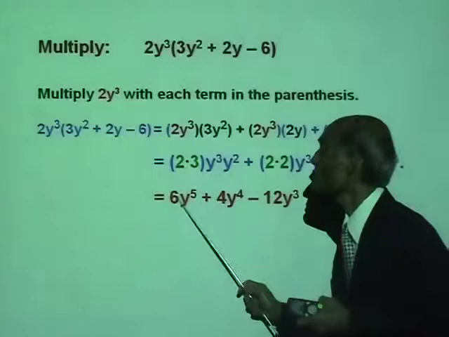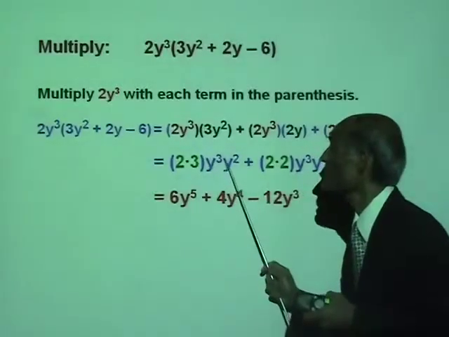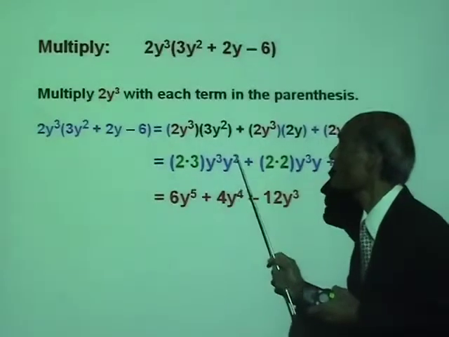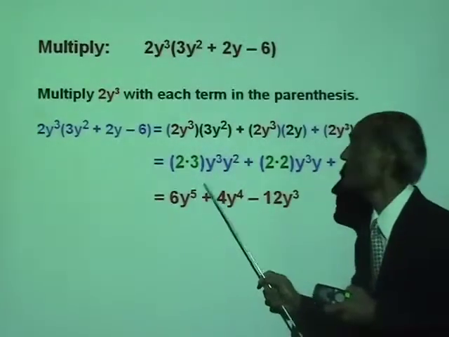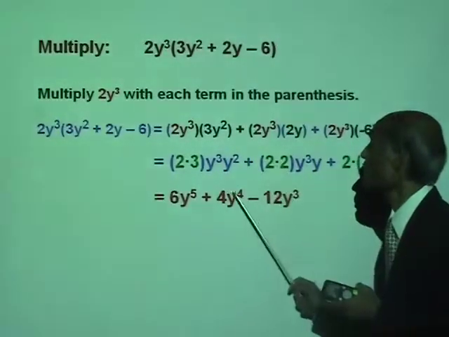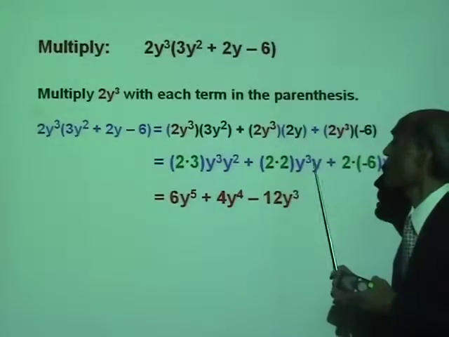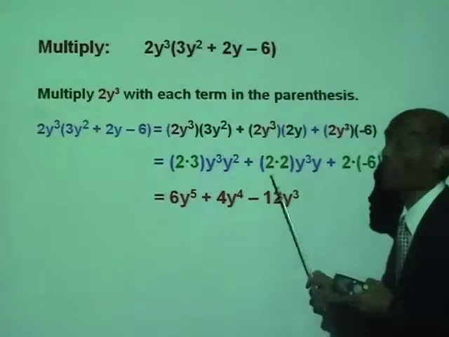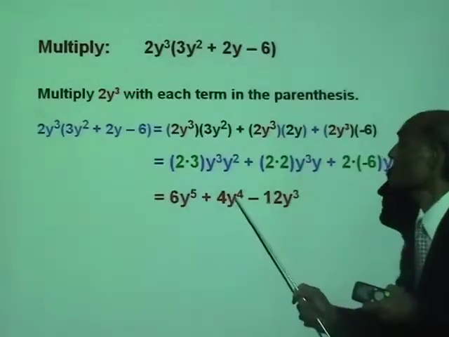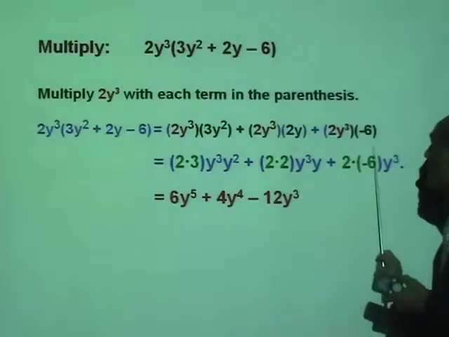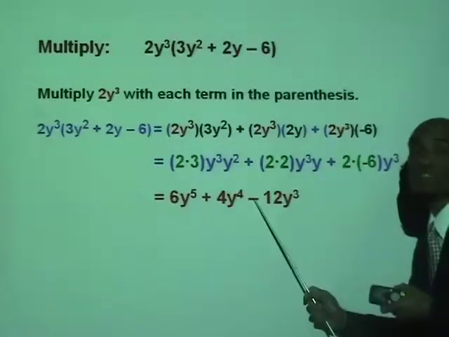That will be 6 times y cubed times y squared, which is y to the power of 3 plus 2, that is 5, plus 2 times 4, 2 is 4, y cubed times y is y to the power of 3 plus 1, that is 4, minus, well, 2 times negative 6 is negative 12.